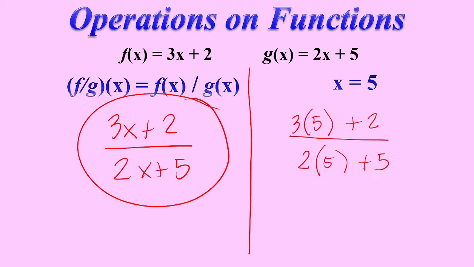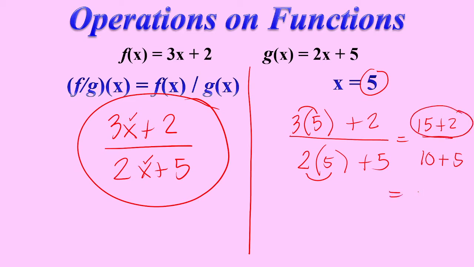So replace this x with 5. What is 3 times 5? 15. What is 5 times 2? 10. Then we add, 15 plus 2 is 17, and 10 plus 5 is 15. That is our answer in division.